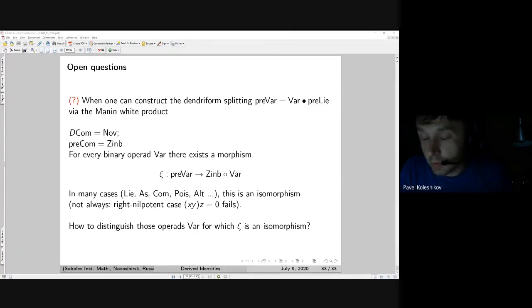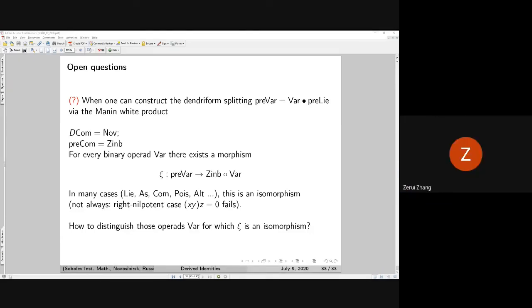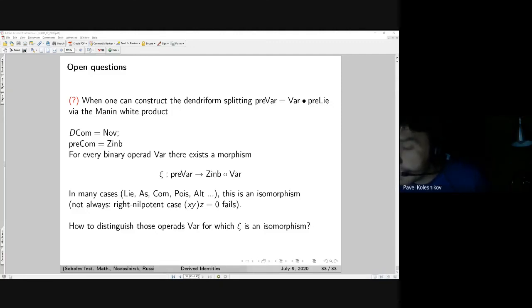If it was anti-commutative, then with negative sign. But b times d of a is b left a, right? Yes. So what about Lie and Leibniz algebra? Right. Yes, actually the same.